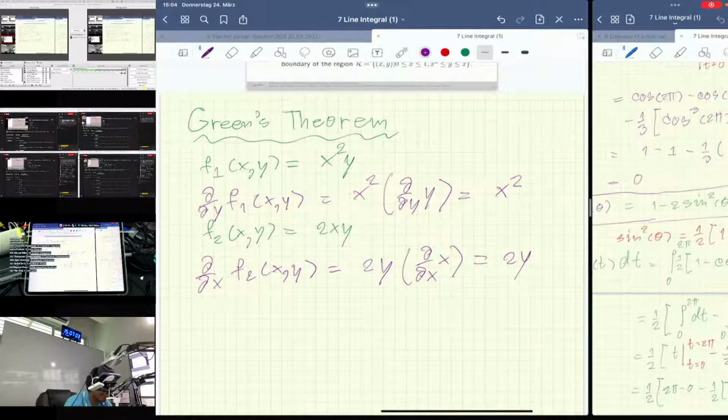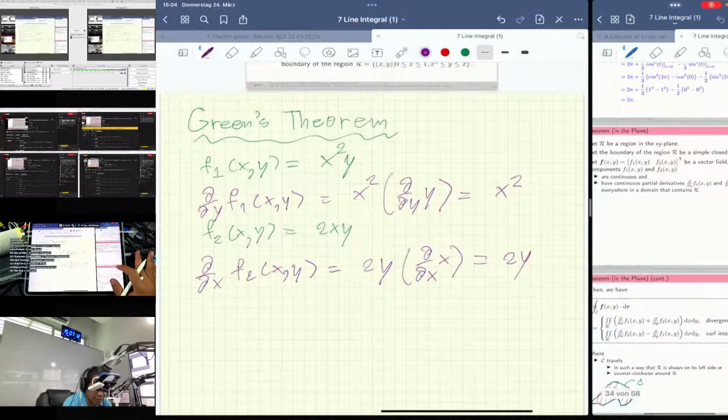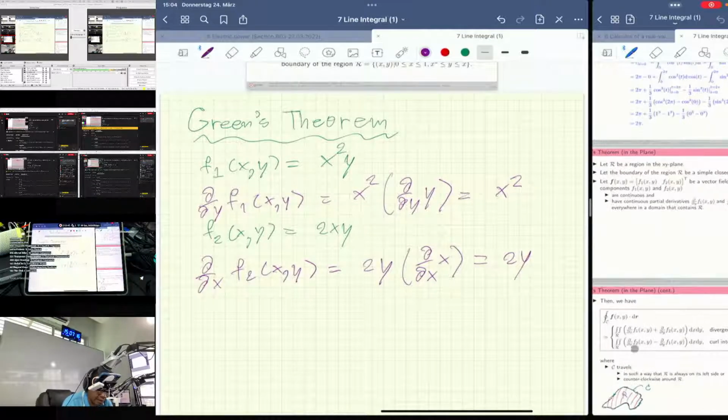Now our integration. Let's consider the formula in the curve version. Curve integral says partial f2 by x minus partial f1 by y.